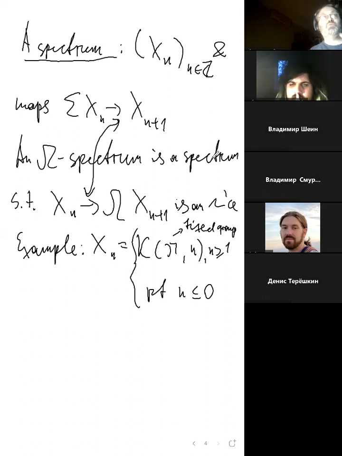Also, I don't understand why n is greater than or equal to 1. Well, because there's no K(π, 0). What is K(π, 0)? Just π as a discrete group.